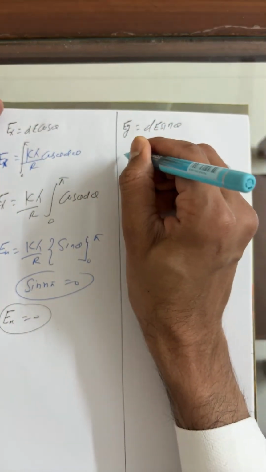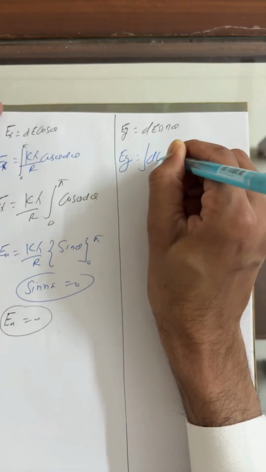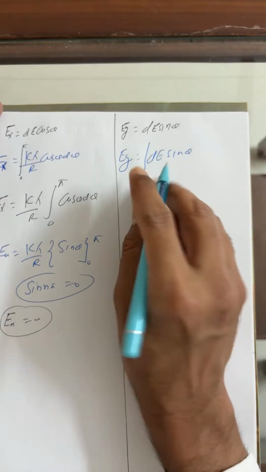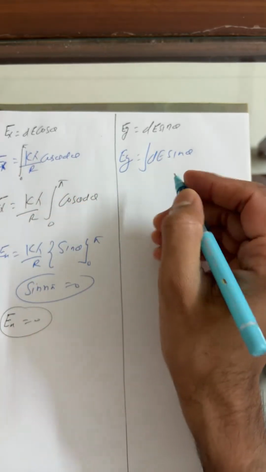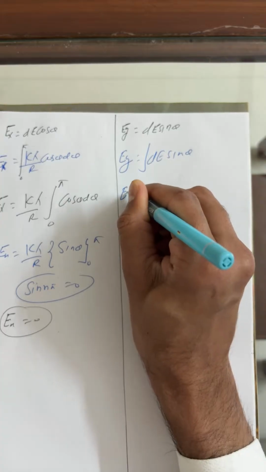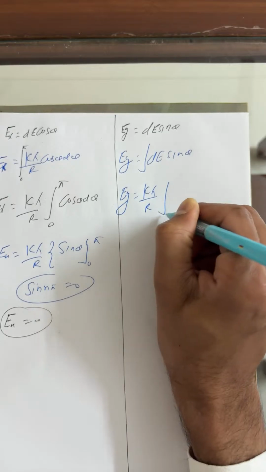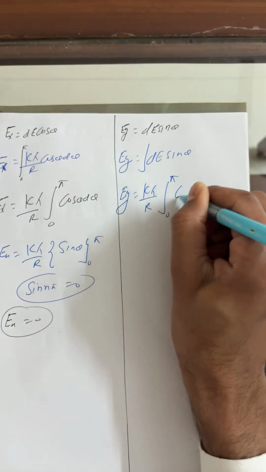Then we will go to Ey. So what is Ey? This is the integration of dE sin theta. dE we already found: k lambda by r into sin theta. So as usual, k lambda by r integration 0 to pi.